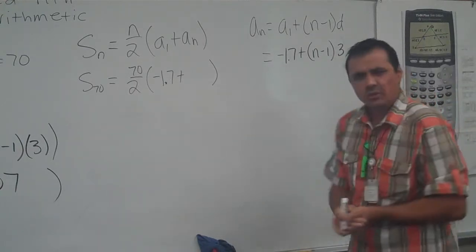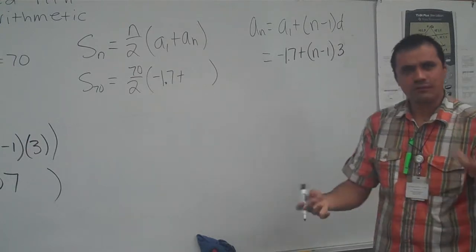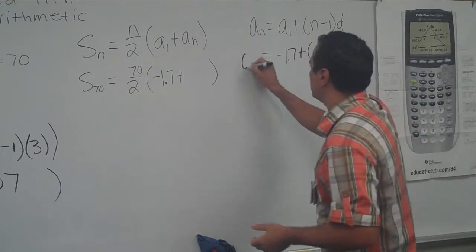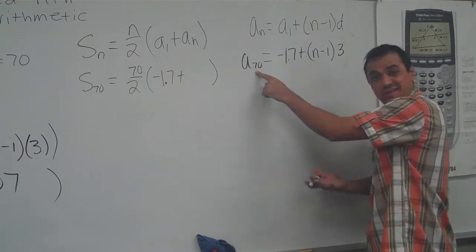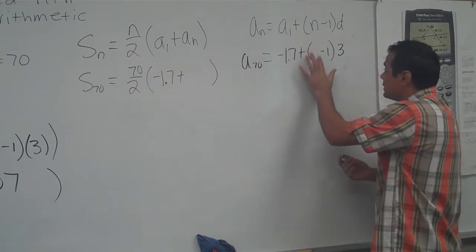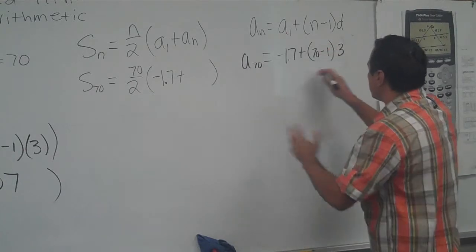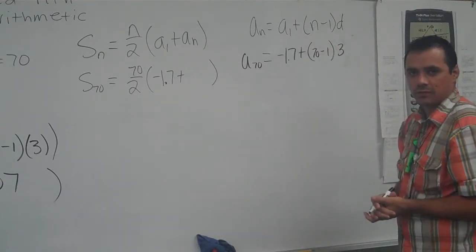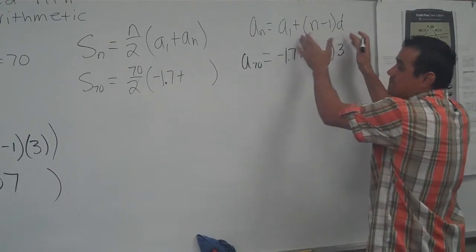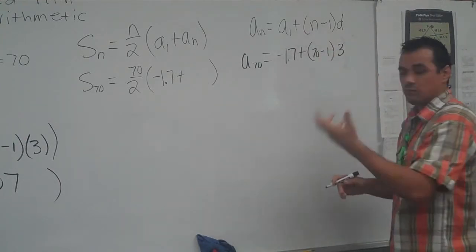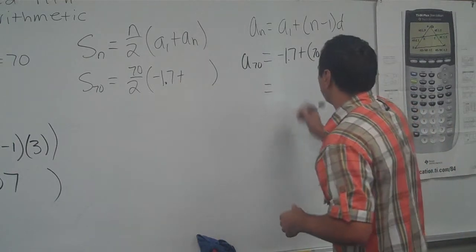Now, what term are we looking for again? The 70th term, right? So this is actually a sub 70, which means that your n is now 70. So all you have to do is change your n to 70, solve it, and that's going to give us our 70th term. Now, this may look very similar or familiar to something we did over there, but we'll talk about it right now.